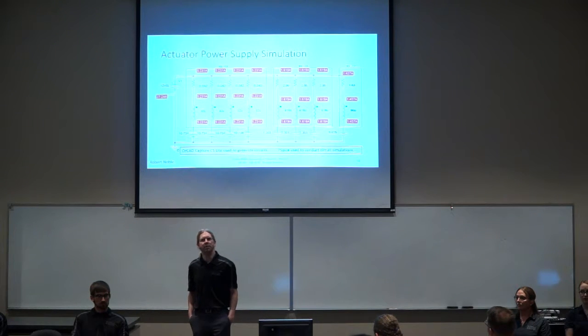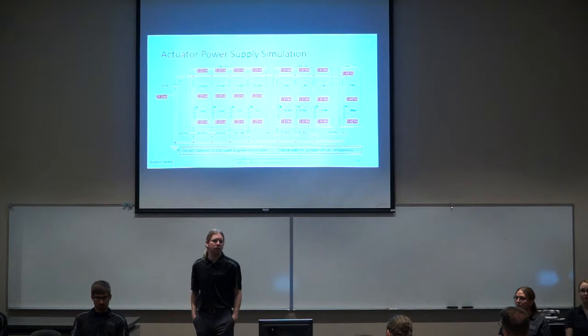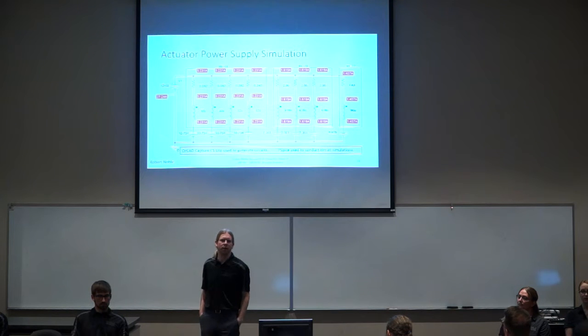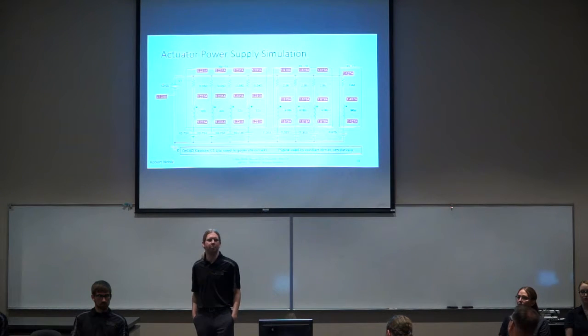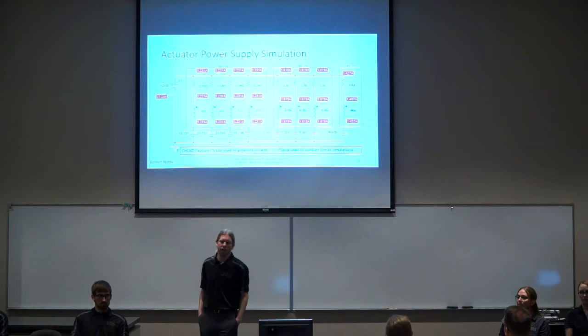The 12 volt DC supply models the TDK lambda, and each motor in this diagram is simulated by a resistor in series with an inductor and a back EMF voltage. This back EMF voltage is calculated by taking the torque constant of the motor and multiplying that by the angular velocity of the motor.